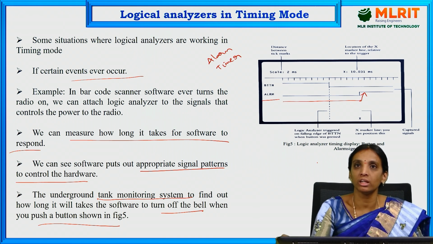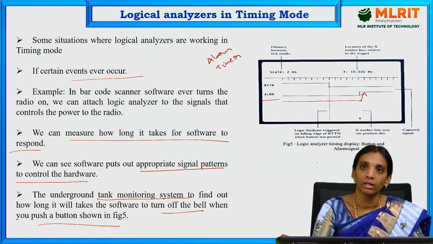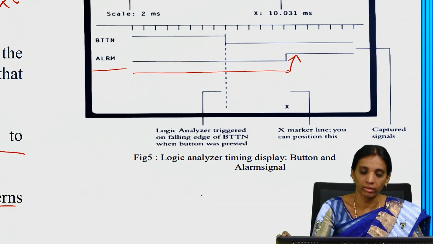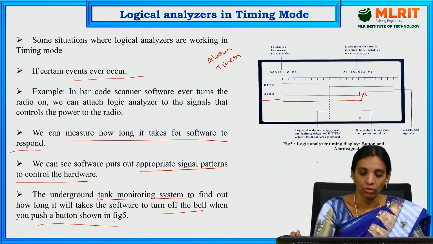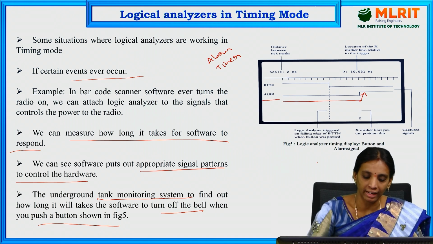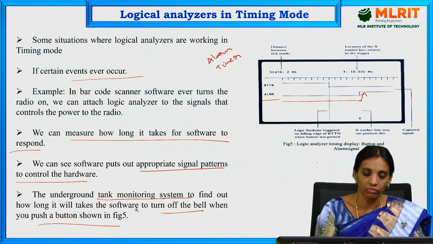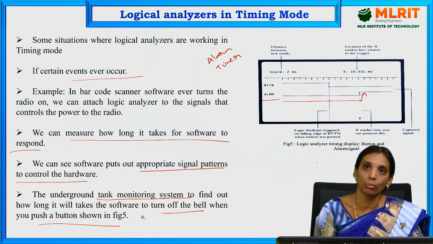Here, whenever the water tank is full, the alarm will be buzzed. Whenever the alarm is on, we need to power off the motor, which indicates that the tank is full. So whenever the bell is rung, we need to turn off the motor, then turn off the bell, which indicates that the water is full in the tank.